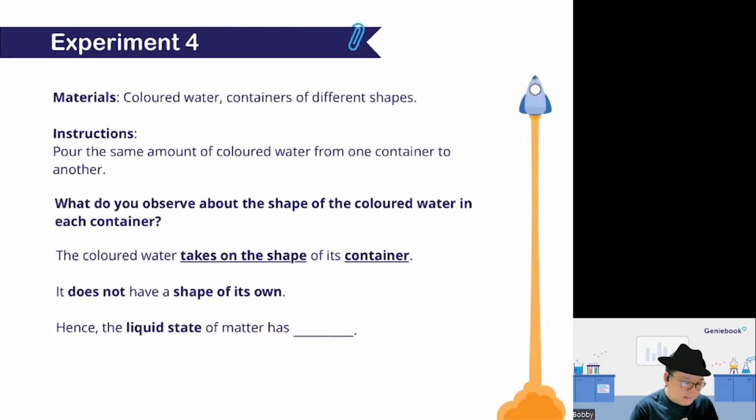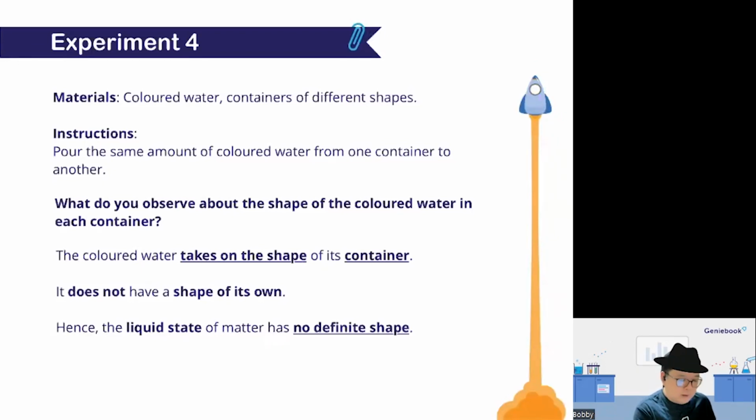This means it has no definite shape. The shape is not fixed. It will always follow its container. Just like when you pour water from, let's say, the water boiler into your cup, the shape definitely changes.